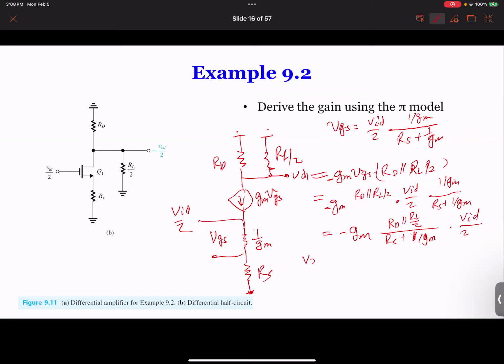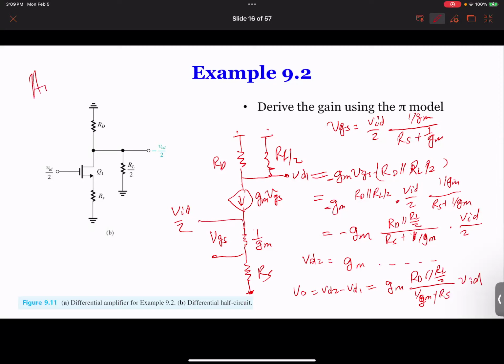And so VO is going to be VD2 minus VD1. And because VD2 is positive, you can write VD2 equal to GM times the same thing here. So VO equal to VD2 minus VD1. And that 2 is gone. So you got GM times RD in parallel with RL over 2 divided by 1 over GM plus RS times VID.